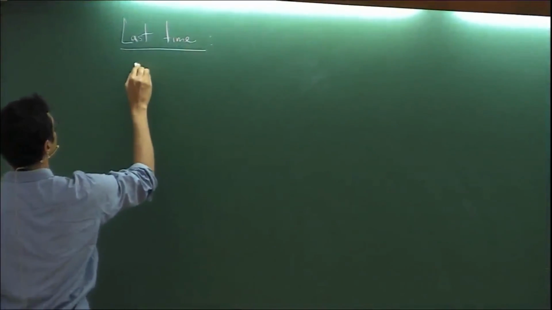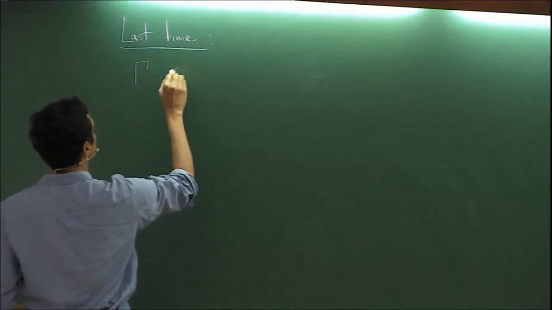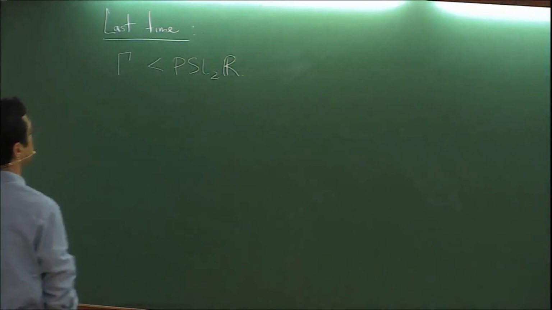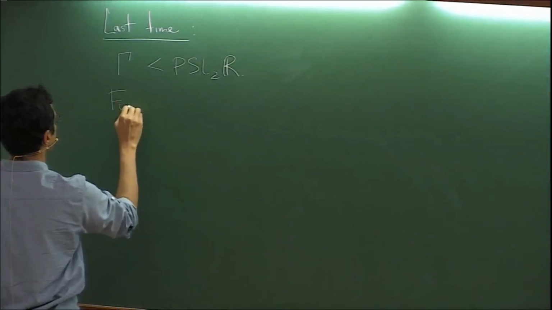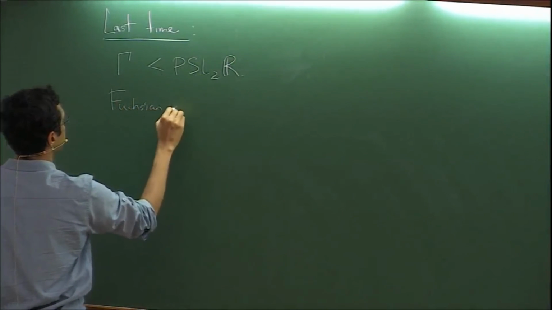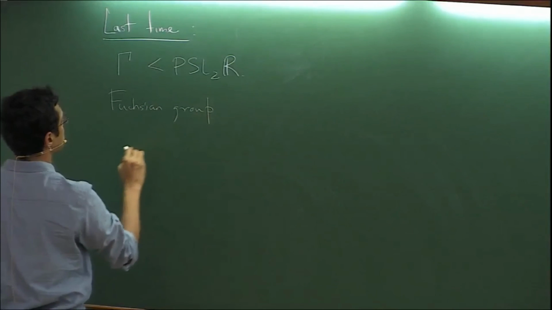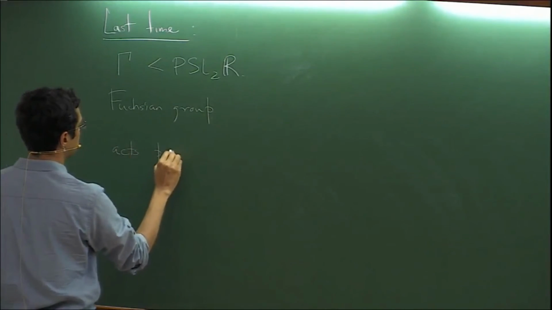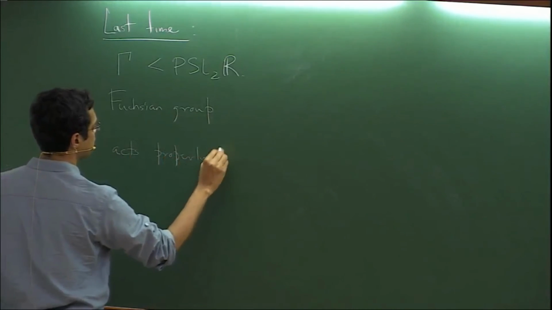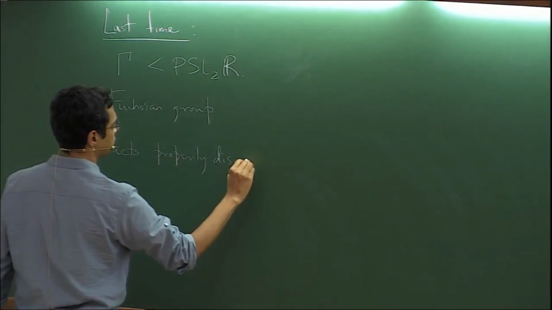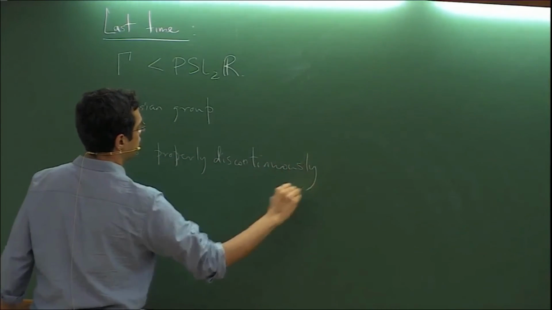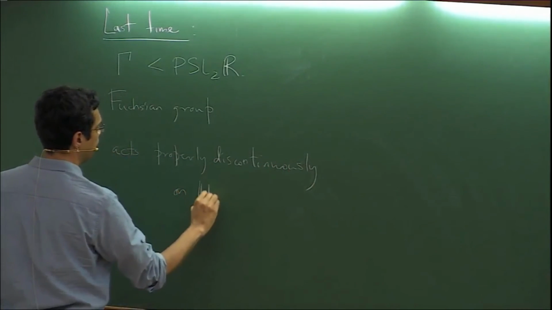we saw that if you let gamma be a discrete subgroup of PSL2R, then this gamma acts nicely. It acts properly discontinuously on the hyperbolic plane.